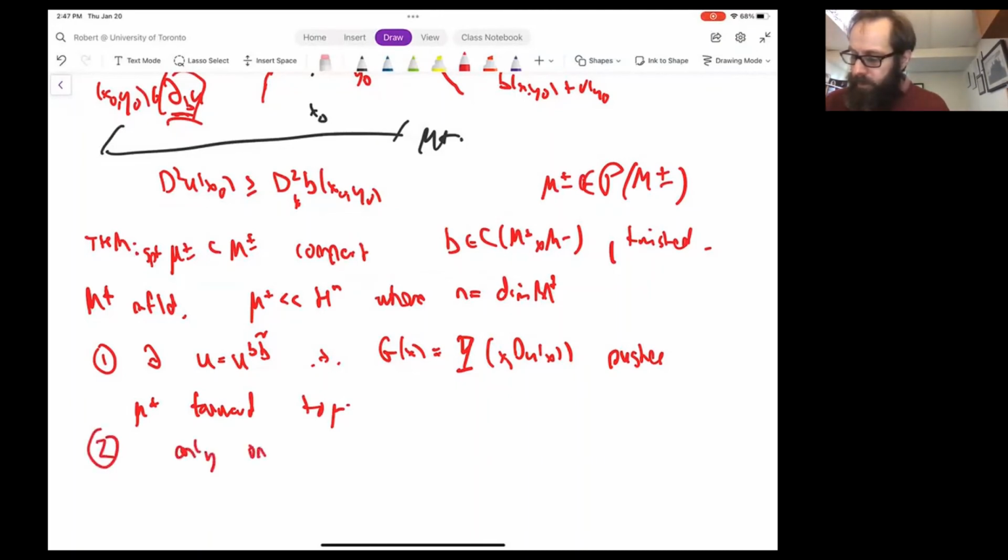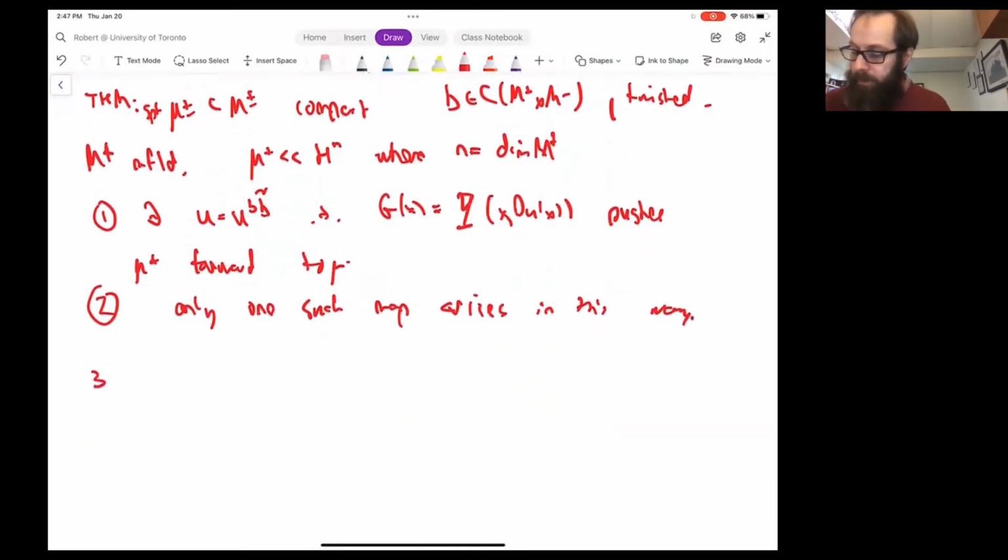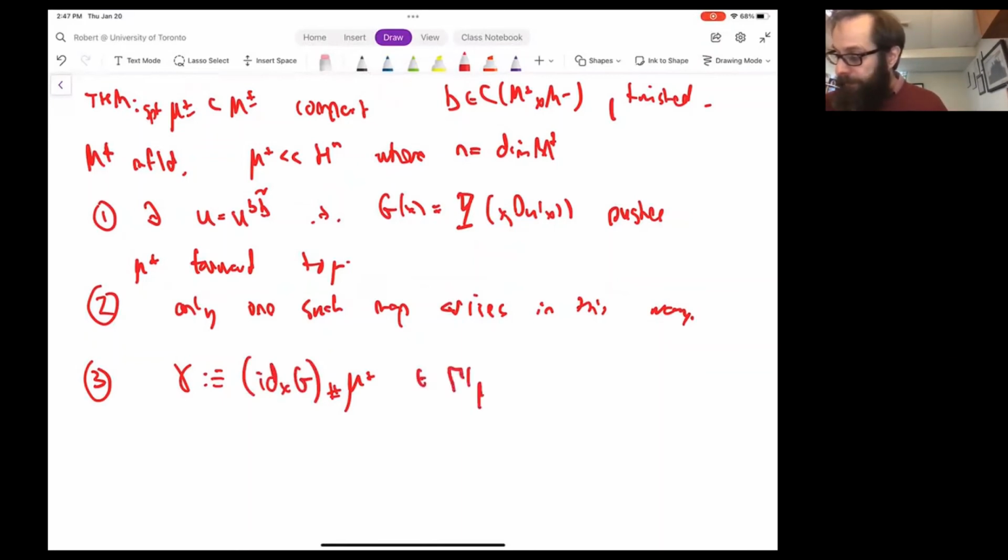Only one such map arises in this way. And point 3 is the measure gamma, which is given as the image of mu plus under the map identity cross G. So in other words, the map uniquely optimizes the Kantorovich problem.